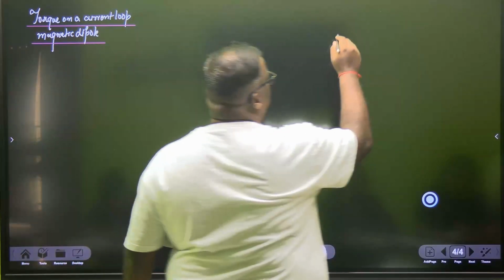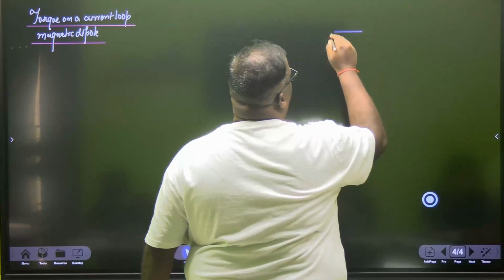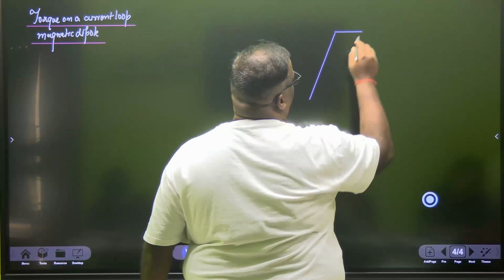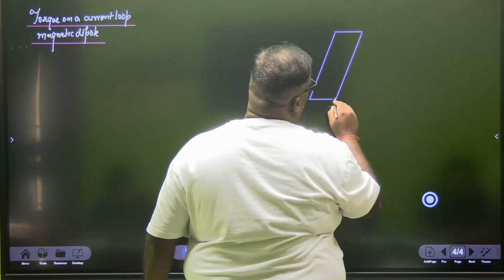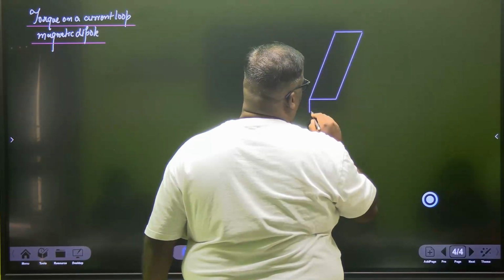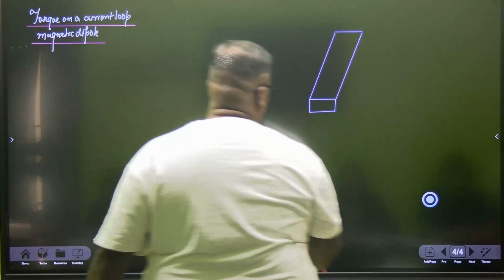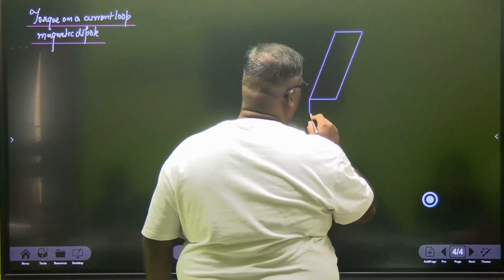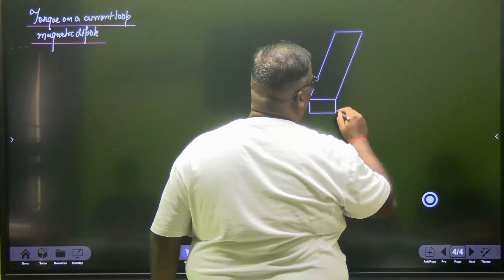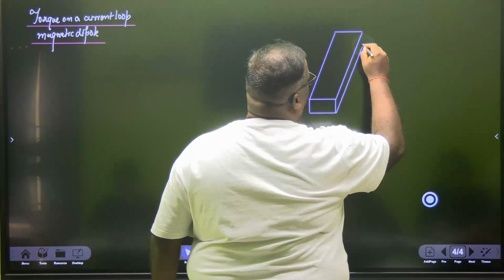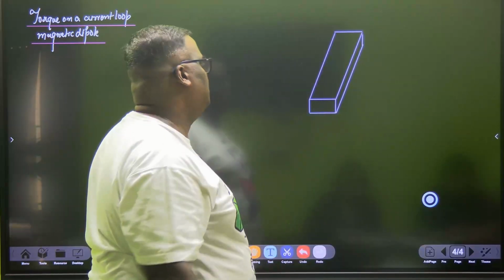The first job is to make magnets. This is one magnet.